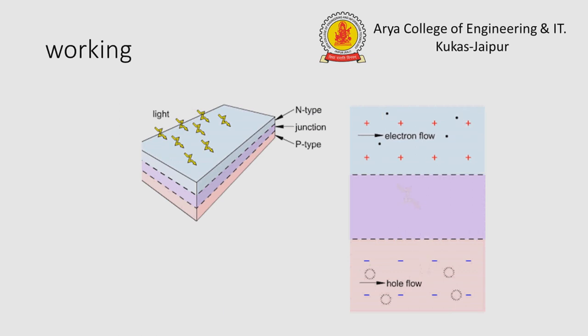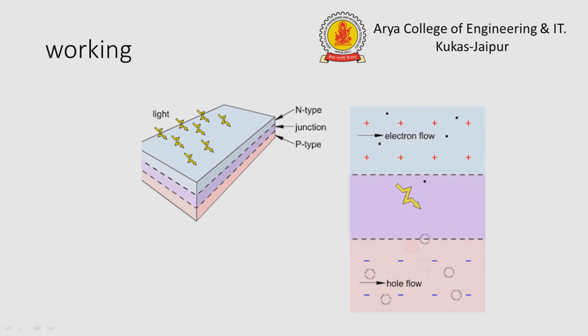As I said earlier, the solar cell is basically made of semiconductor materials. When we supply energy by means of photons, which is the energy from the sun, this photon excites an electron from the lower band, known as the valence band.